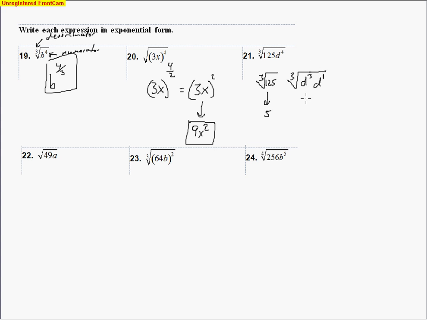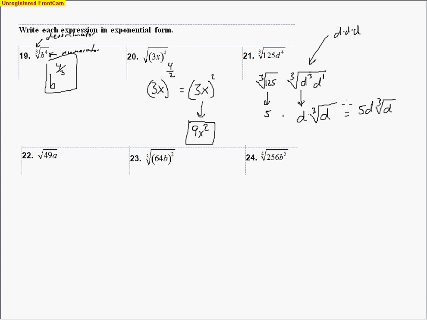And I've got a perfect cube here, so I can take that cubic root, and it leaves me just with d, because the 3 numbers that multiply to make d to the 3rd would just be d times d times d. So d would be the number that I pull out once I take that cubic root, but I cannot take the cubic root of d to the 1st, so I have to just leave that underneath the radical sign.